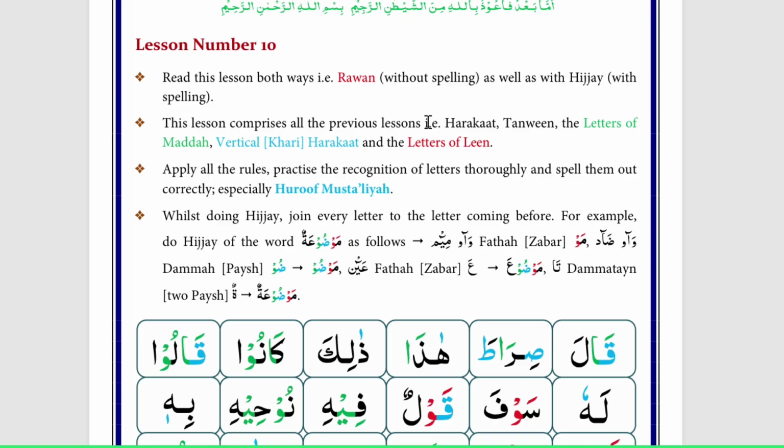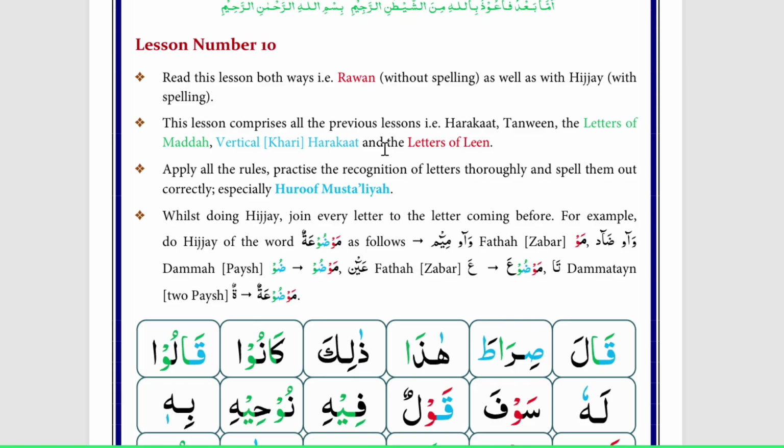In second lesson we have learned about Huroof Murakkabat. In third or fourth lesson we have learned about similar sound letters. Similarly, we have learned about harakat: zabar, zir and pesh are called harakat, double zabar, double zir and double pesh are called tanween.